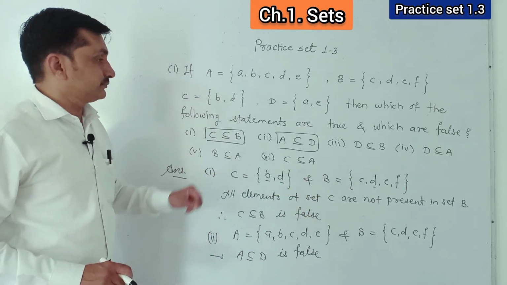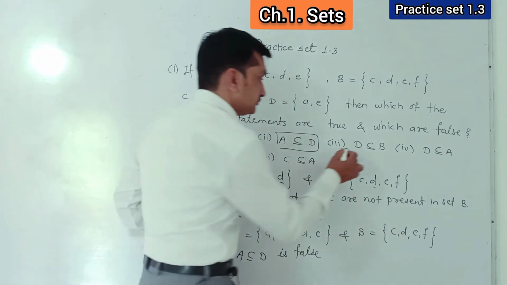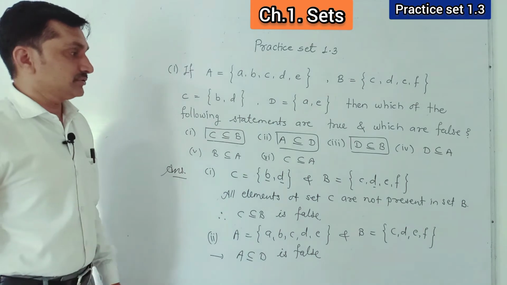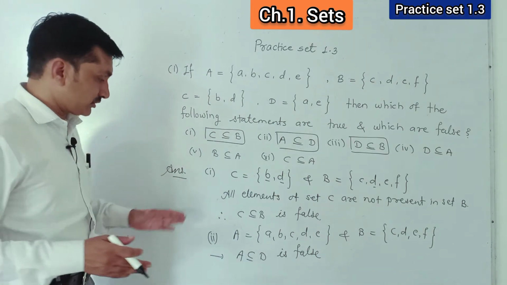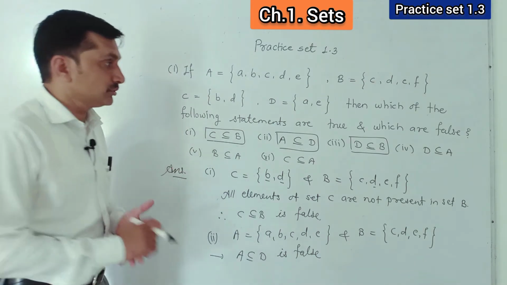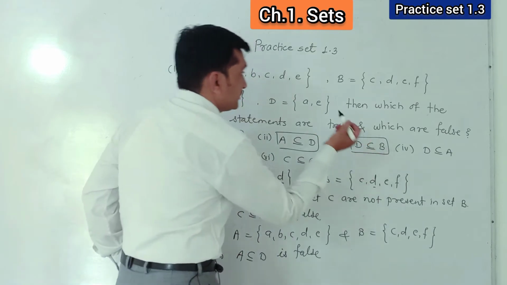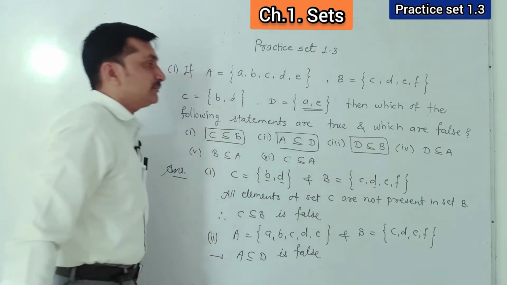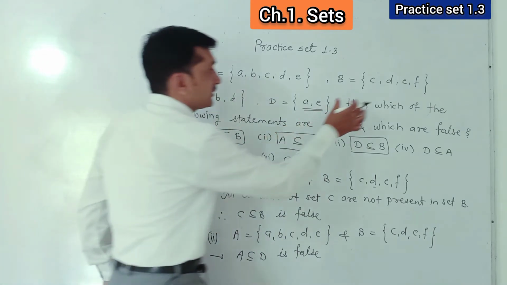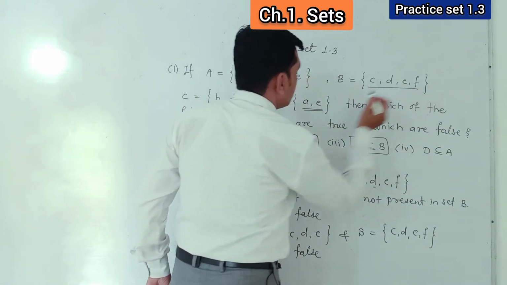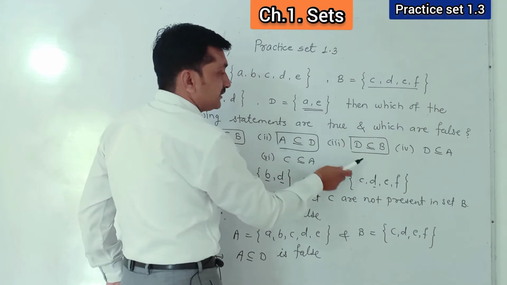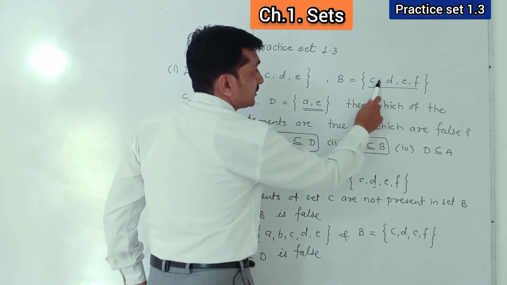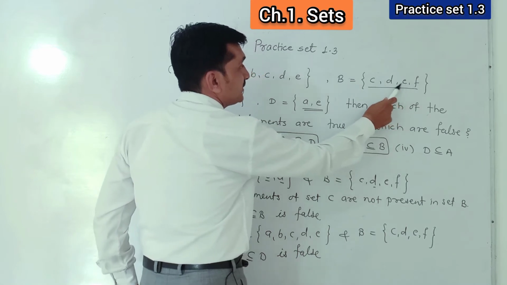Now let's see third. Third is here, D subset of B. Now orally I explain to you. Okay, by giving numbers you write down. D subset of B. Now D you see here, A and E are elements of D, and B is here, C, D, E, F. Now all elements of D should be present here, A, E. E is here, but A is not present.